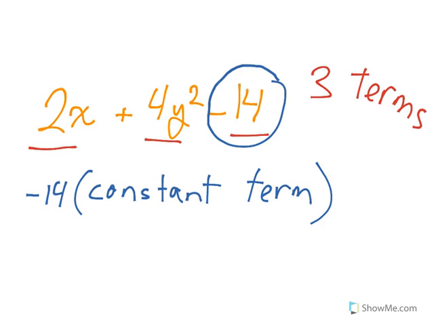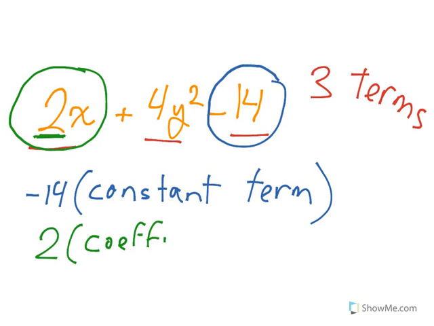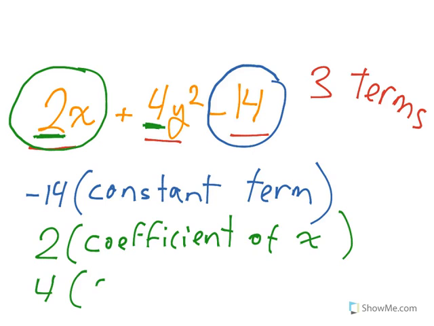That leaves only coefficients. What is the coefficient of x? What is with x? 2 is with x. So 2 is the coefficient of x, and 4 here is the coefficient of y.